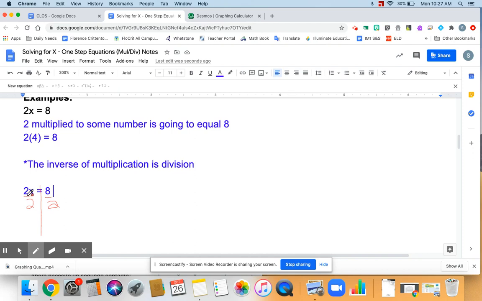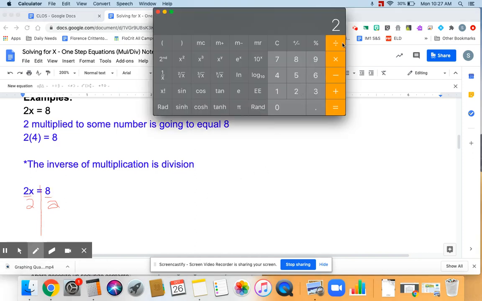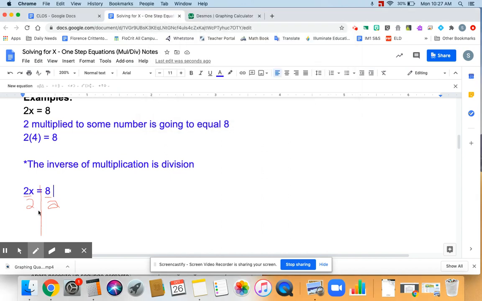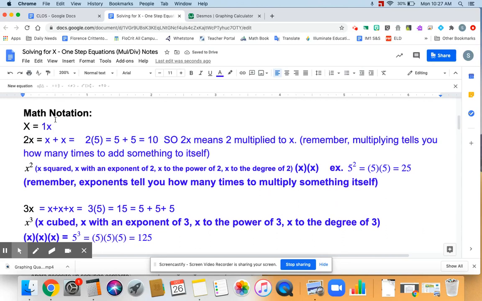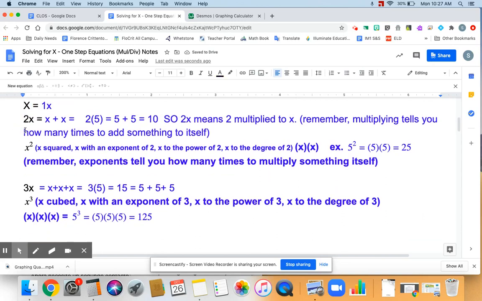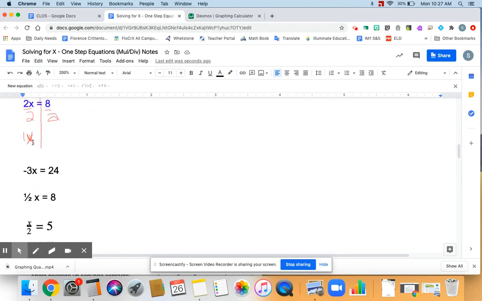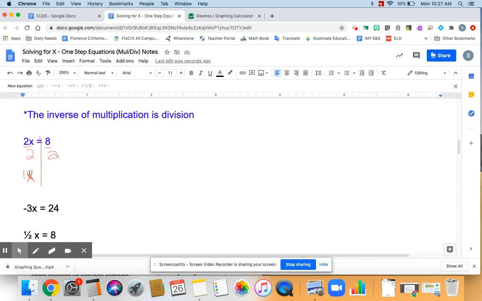What is 2 divided by 2? 2 divided by 2 is 1. So when I divide that 2 away, I am just left with 1x now. So I don't have 2 x's there anymore, I just have 1x. And remember from what we were talking about earlier, 1x is the same thing as just x. So by getting 1x, I have x all alone now because there's just one of them.